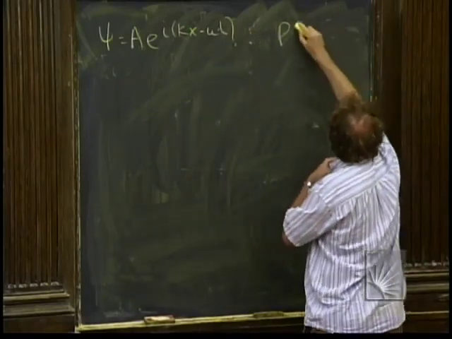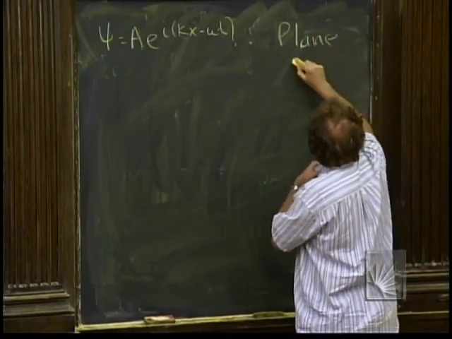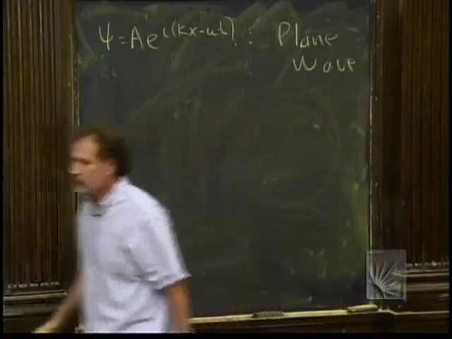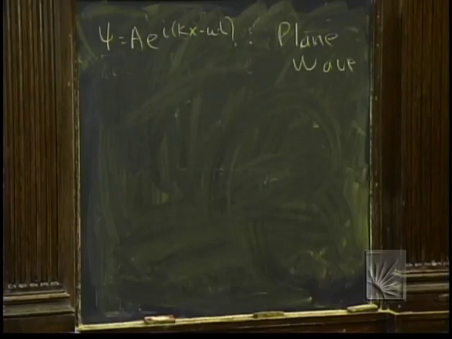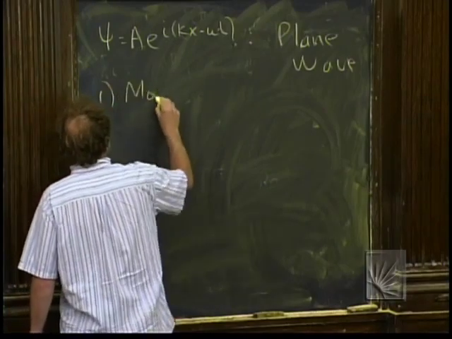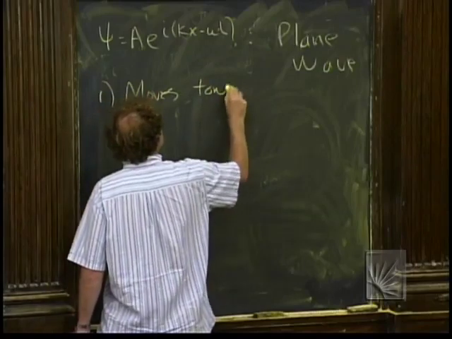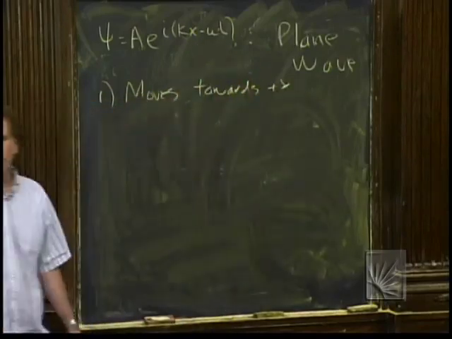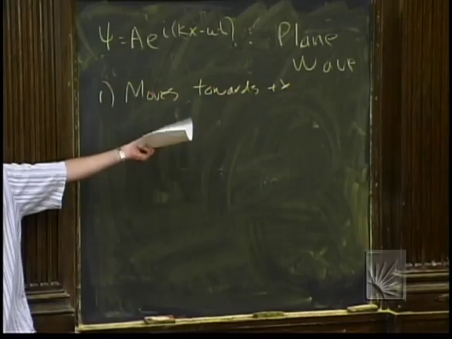Okay, fine. So it's a wave because one, it moves towards plus x. If we'd had the positive sign, it would have moved towards minus x, right?